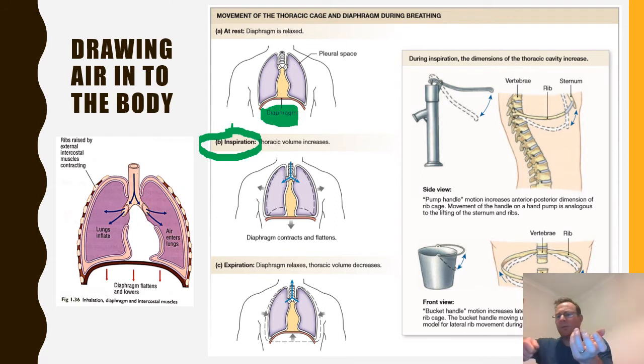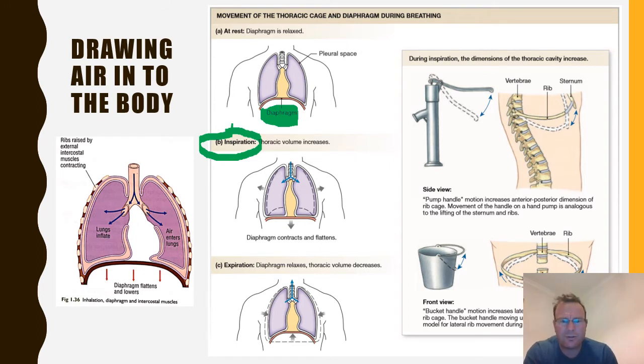So a bit like a bicycle pump, as you pull the handle out, it increases the volume within that bicycle pump. In our lungs, we flatten that diaphragm, it increases the volume of those lungs. Now what's really critical here is the pressure of that air in the lungs, and it's very finely balanced. So if our atmospheric pressure, i.e. the pressure outside of our lung, is greater than the pressure inside the lung, air will just rush into our bodies.